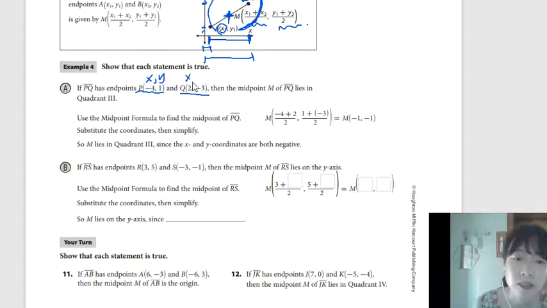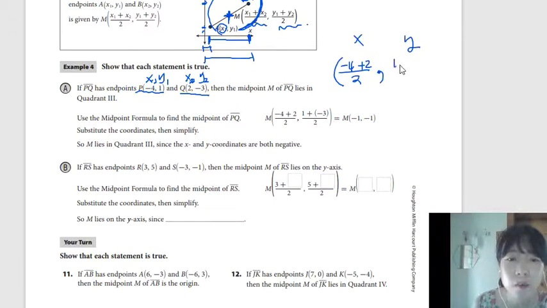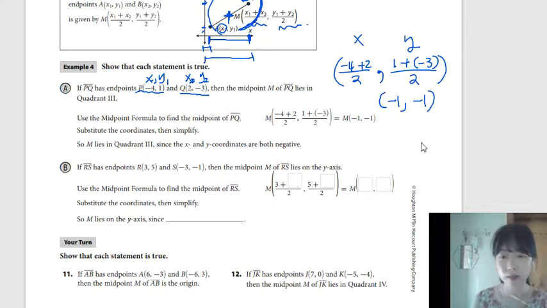This could be x sub 1, y sub 1, x sub 2, y sub 2. -4 plus 2 divided by 2 is your x. And then your y's together. 1 plus -3 divided by 2, which gives -1, comma, -1.